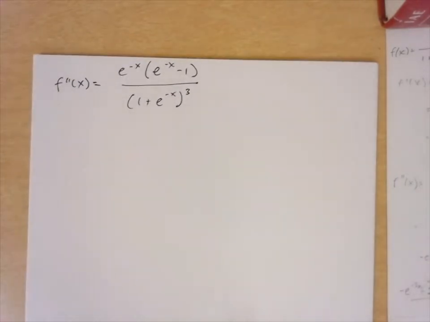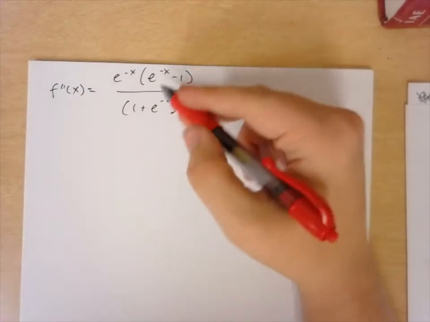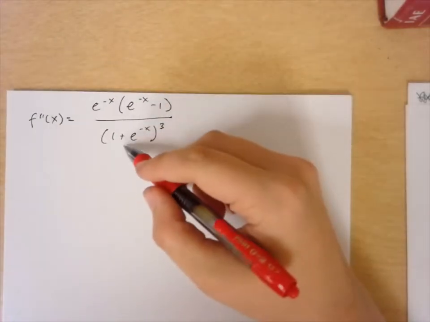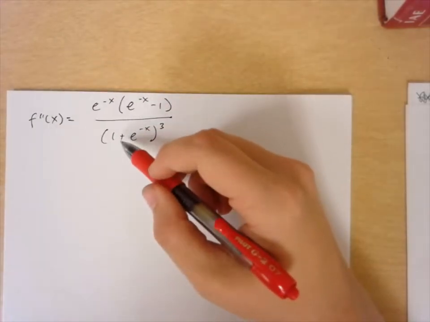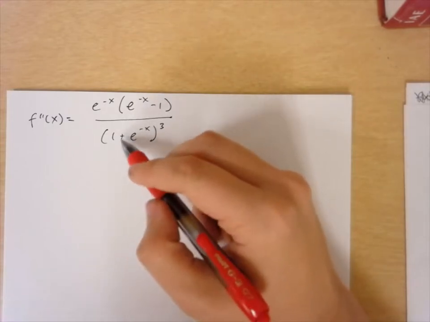Now, let's identify any critical numbers that we might have in here. And here's how we're going to figure that out. We've beaten this one into the ground. We understand from our vertical asymptote conversation that I can't make the bottom of this 0.